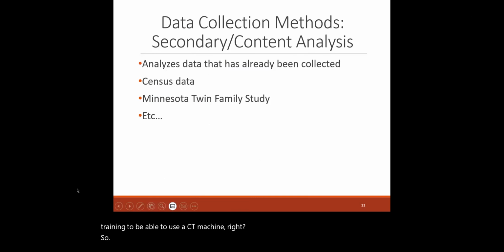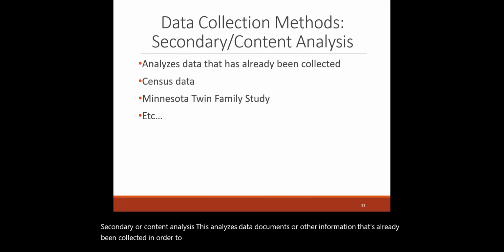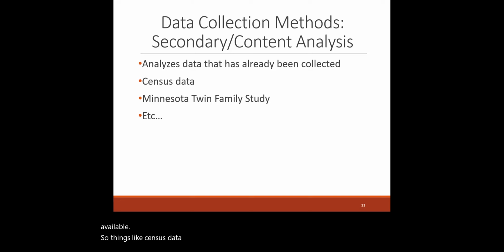Lastly, secondary or content analysis. This analyzes data, documents, or other information that's already been collected in order to uncover attitudes or preferences. Many data sets are available. So things like census data, the Minnesota Twin Family Study is a huge collection of data from twins.